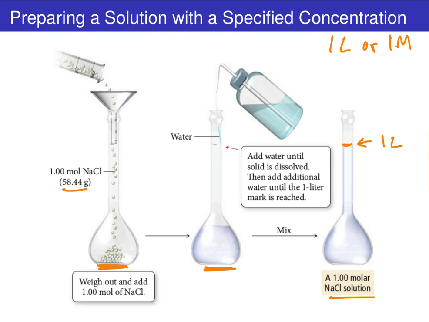If you do that, you're effectively adding mass, which takes up volume, and as a result your final volume is going to be greater than 1 liter, and you're going to end up with a solution that is something less than 1 molar. So the key take-home message here is add that solid first, make sure it fully dissolves, and then fill it up with water.